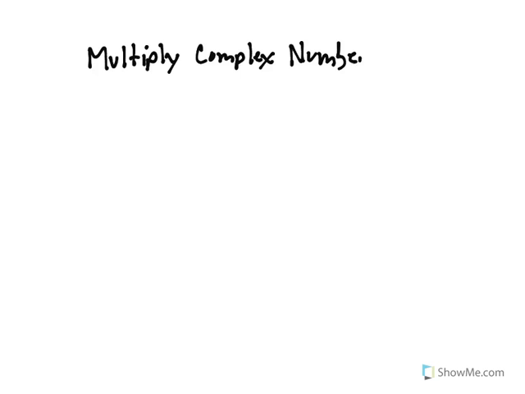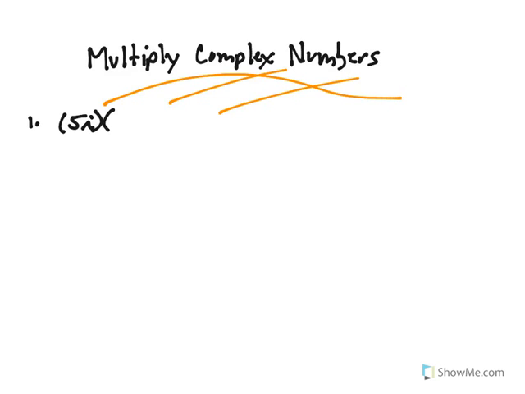And here we're going to multiply complex numbers. And here we're going to just multiply everything together. So that's going to give me 5 times 2 is 10, and then i times i is i squared.